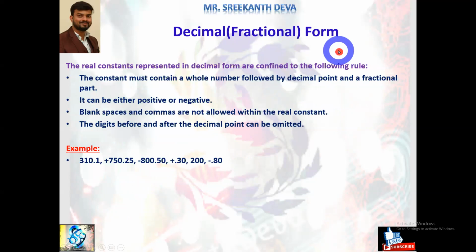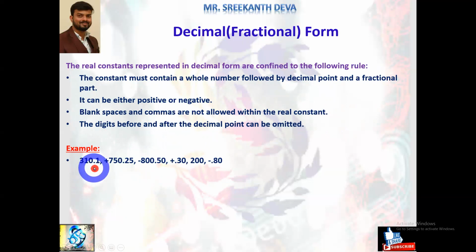Decimal or fractional form: the real constants represented in decimal form are confined to the following rules. The constant must contain a whole number followed by a decimal point and a fractional part. It can be either positive or negative. Blank spaces and commas are not allowed within real constants. The digits before and after the decimal point can be omitted.